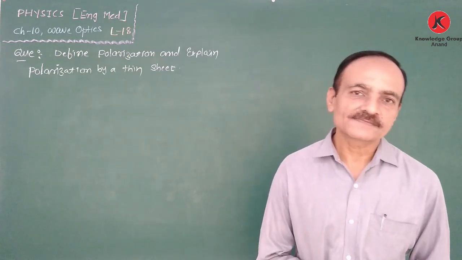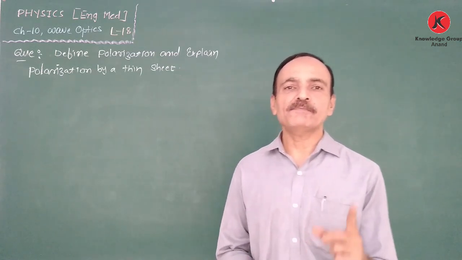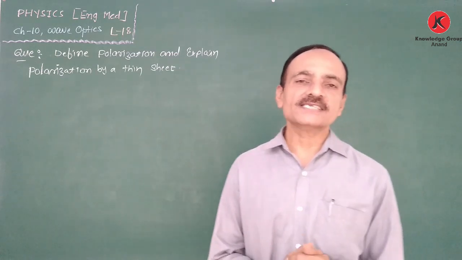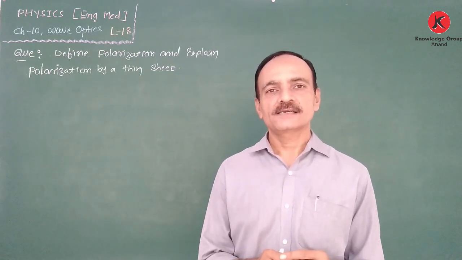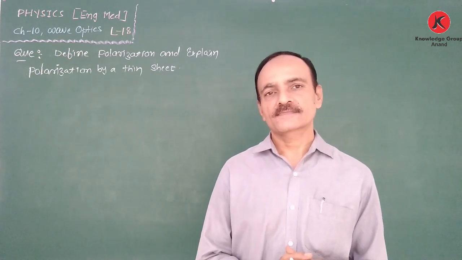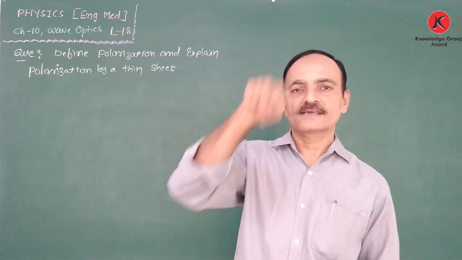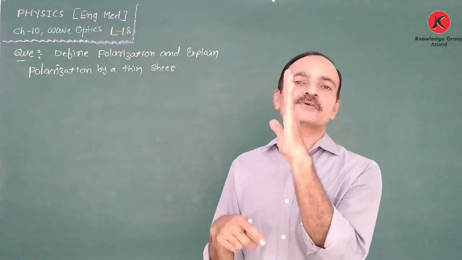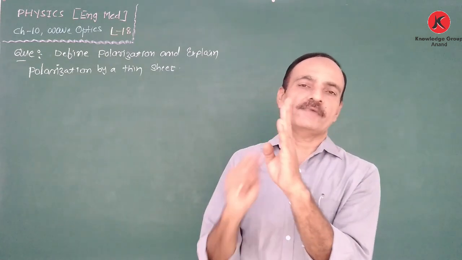Unpolarized light means the electric field vector oscillates in a plane perpendicular to the direction of propagation of the wave, in all directions. Such light is known as unpolarized light.